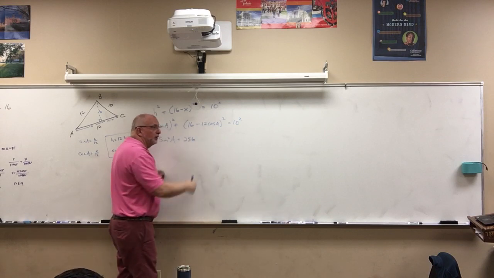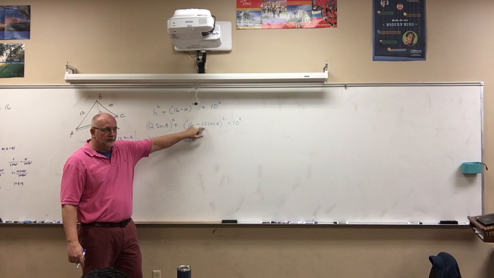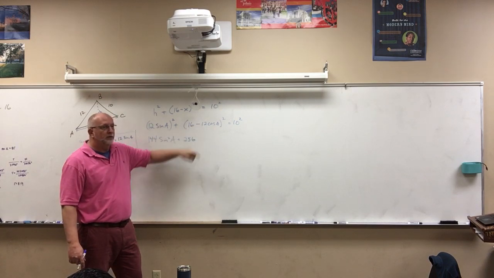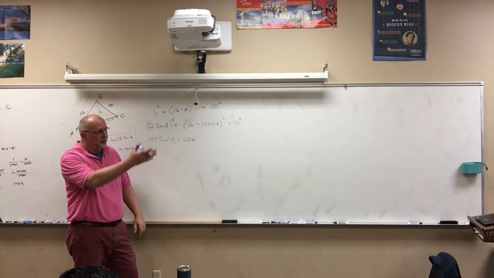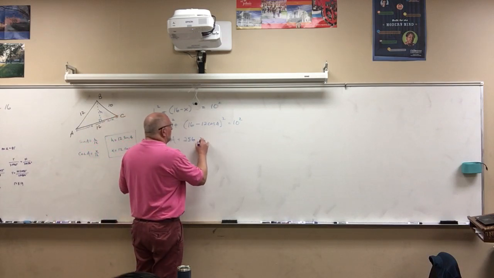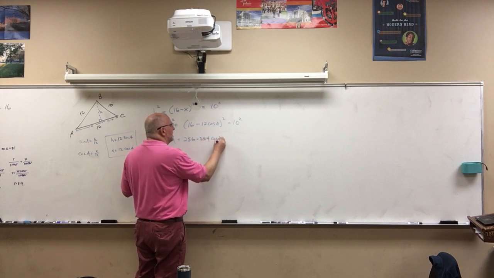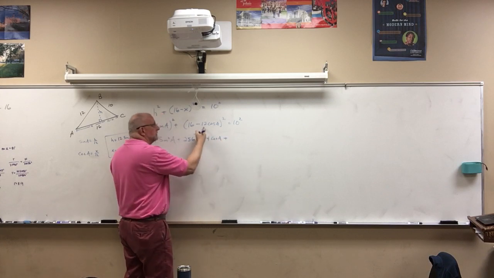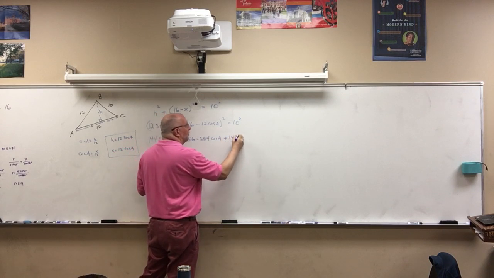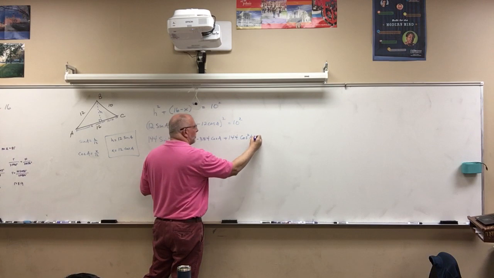I'm going to have this middle term, which is 2 times 16 times 12, which is 384. So minus 384 cosine of A plus 144 cosine squared A equals 100.